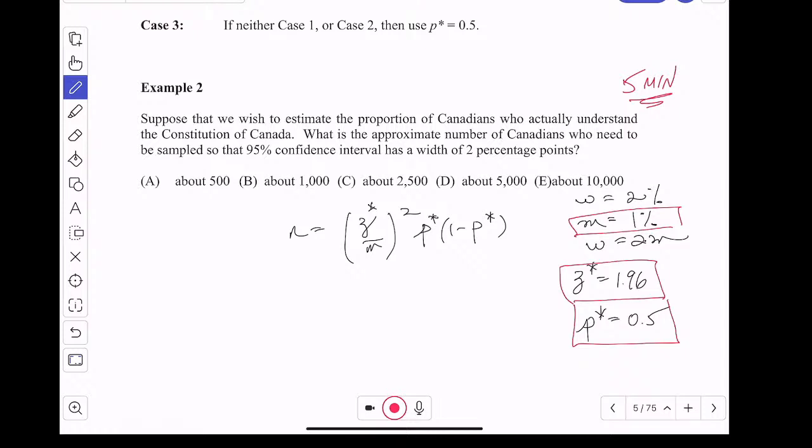Just be careful not to mistranscribe something. 1.96 over 0.01, squared, times 0.5, times 1 minus 0.5.